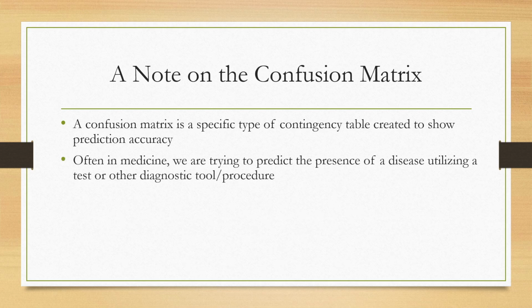Which might sound a little bit weird, but think about in medicine, we're trying to predict whether there's a disease or not. You could be looking at this from a test perspective. You could be looking at this from a diagnosis perspective. You could be looking at this from a procedural perspective. So there's a lot of different ways to do it, but ultimately you're trying to guess, is there a disease or not? And you're either right or you're wrong.